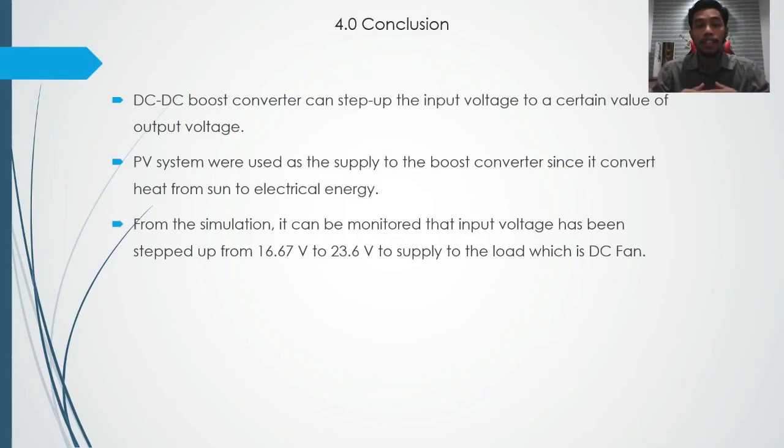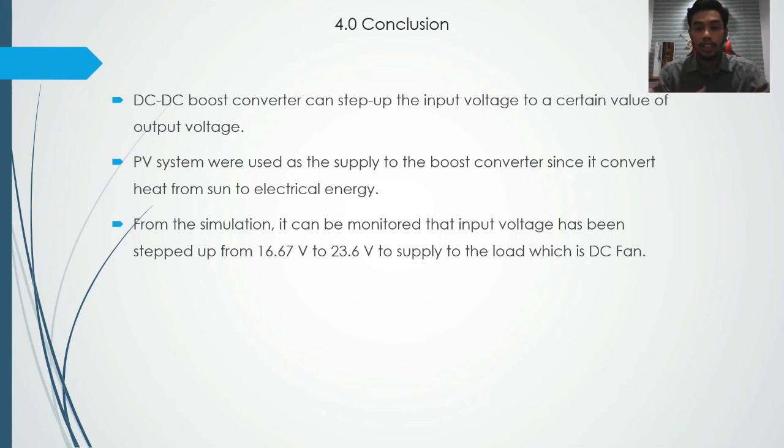Last but not least, it can be concluded that the DC boost converter can step up the input voltage to a certain value of output voltage. In this project, we use a PV system as the supply because a PV system can convert the heat energy from the sun to electrical energy, which is an alternative to a battery.